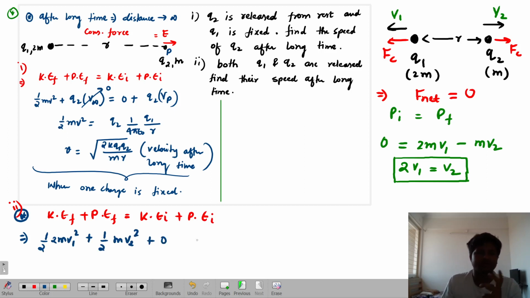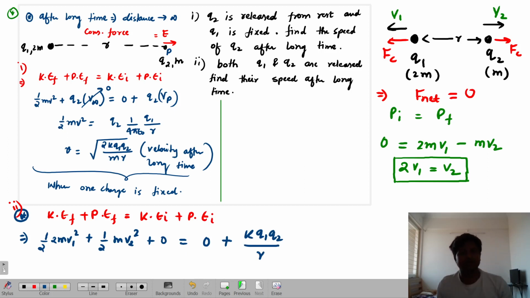Final potential energy is zero. Initial kinetic energy is zero. But initial potential energy is still there, because they were at rest, which is k q1 q2 by distance. R was my distance, isn't it? So you just put it.